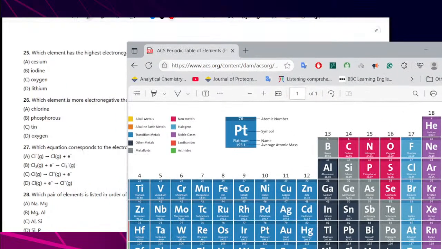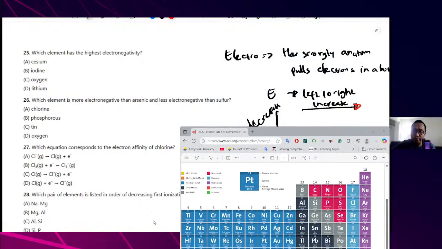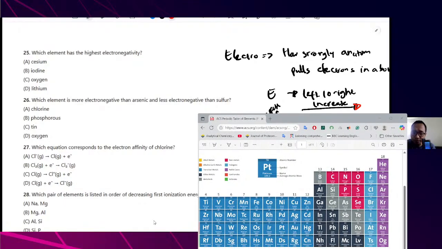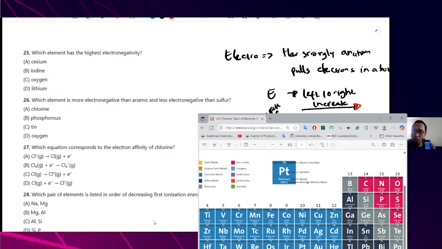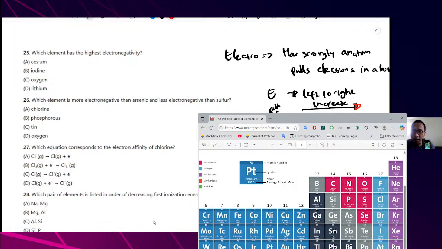So we need to know one by one what the name of each symbol is. For example, cesium, we need to know where cesium is.